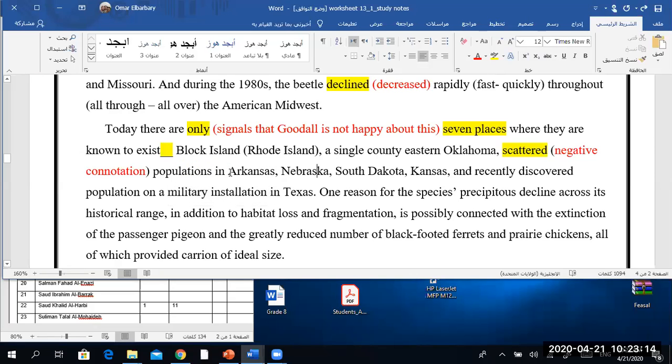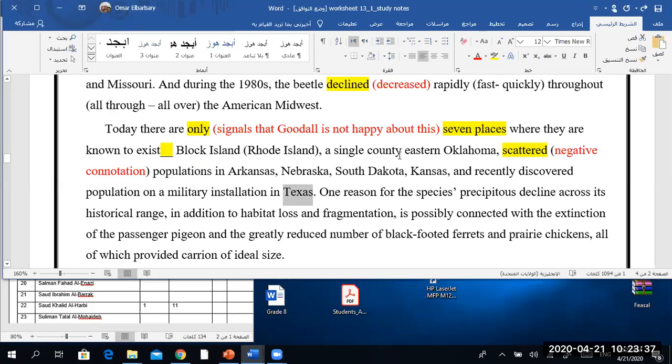Muhammad, I'm going to highlight some words here. You see Rhode Island and Oklahoma, and here we have Kansas and Nebraska, South Dakota, Kansas, and a military installation in Texas. What are all these?